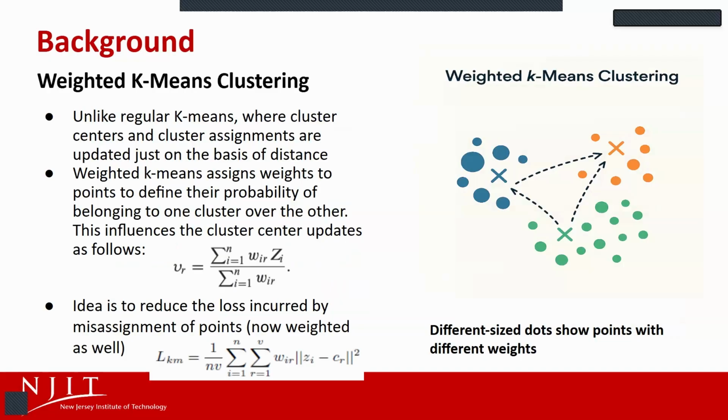It essentially denotes the cluster membership of a point, and it can help us get the cluster center updates as follows. The idea is to reduce the loss incurred by misassignment of points given by this loss function of the weighted k-means. As we can see in this image, this blue dot means that this particular point is assigned to this particular cluster with a very high probability as compared to this small point here. And the same for other clusters as well.